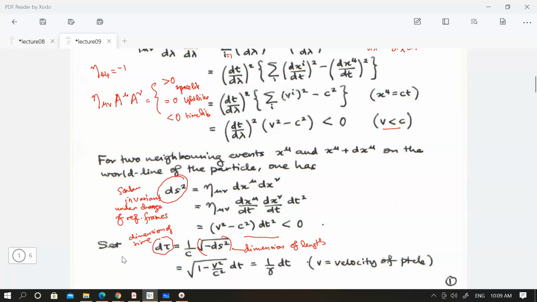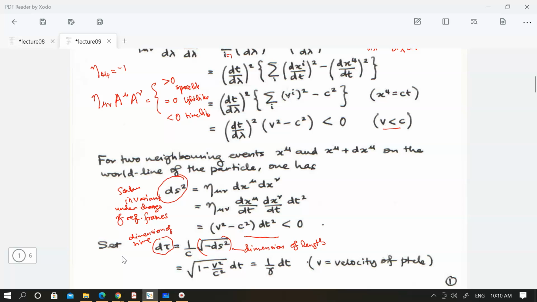The good thing about this quantity, which now carries the dimension of time, is that it is invariant under change of reference frame because it comes from this ds squared. And remember, ds squared doesn't change under change of reference frames. So in other words, this d tau doesn't change under change of reference frame.